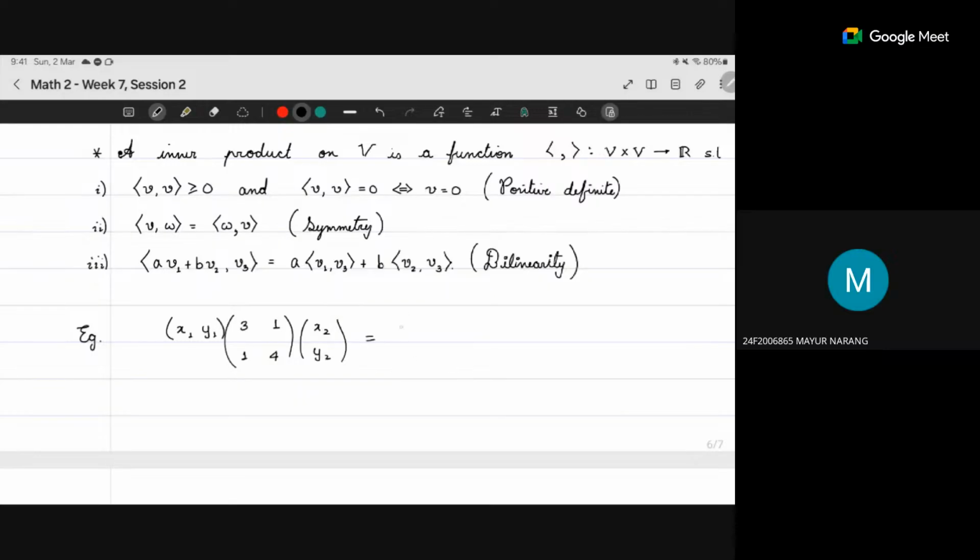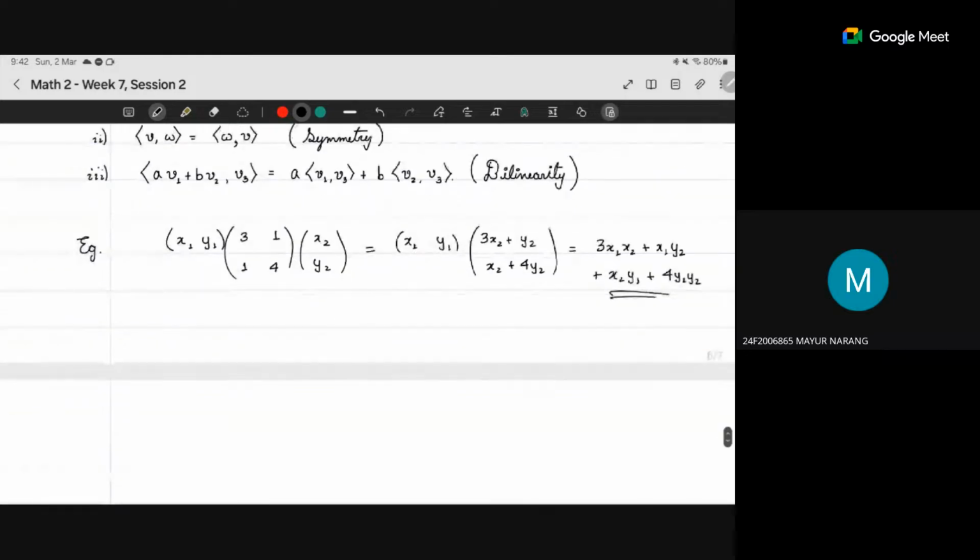So this would be what? x1 y1, 3x2, plus y2, x2 plus 4y2. You might not understand what I'm doing right now. Just give it a bit of time. x1 y2 plus x2 y1 plus 4y1 y2.